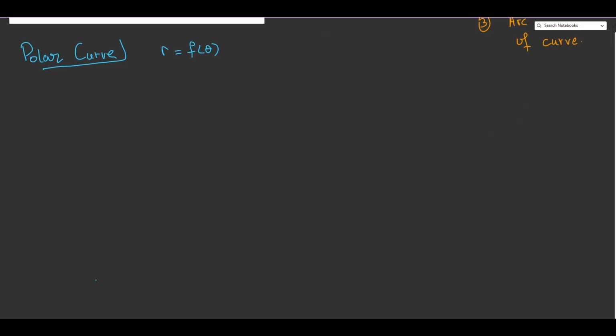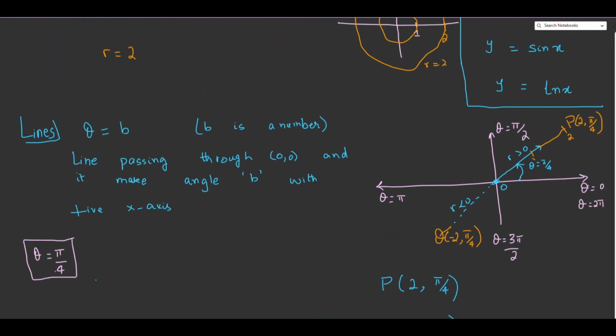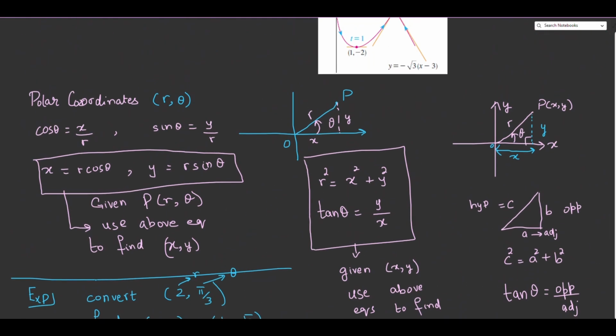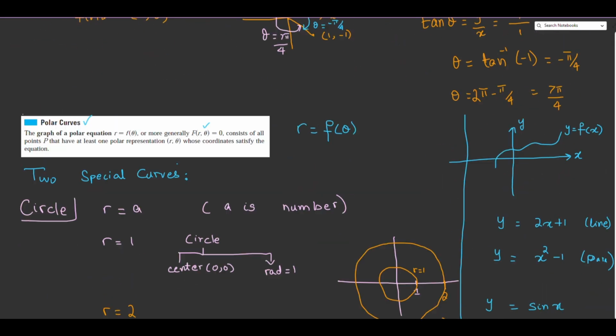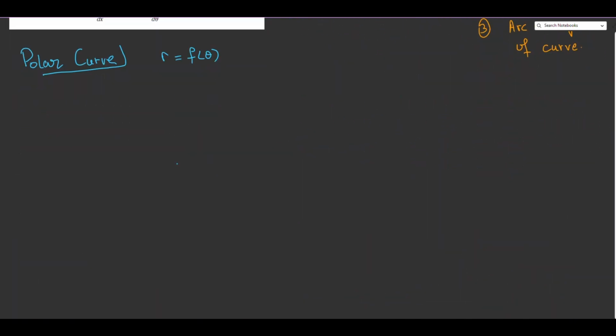Remember from above these 2 equations, x equals r cosine theta, y equals r sine theta. We substitute the value of r in these 2 equations.